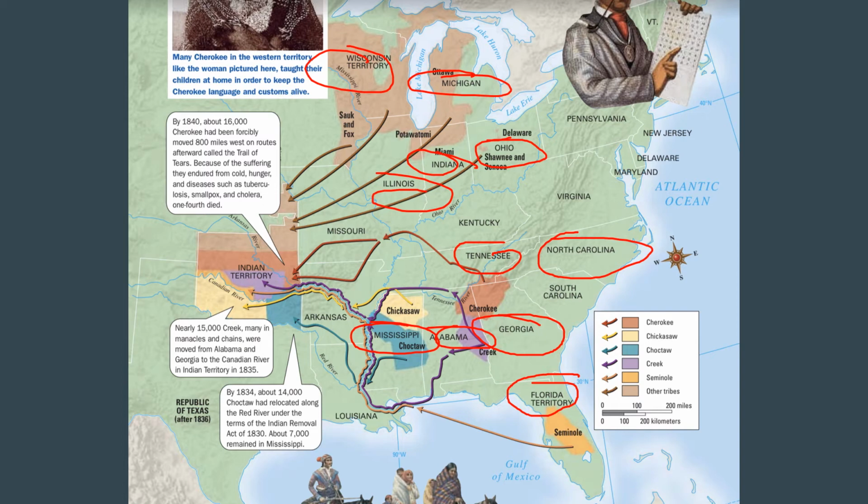So we start to see that groups that had already been displaced by European settlement in North America are continually pushed farther and farther west. And we see Indian Territory is right here, again in what is now modern day Oklahoma.